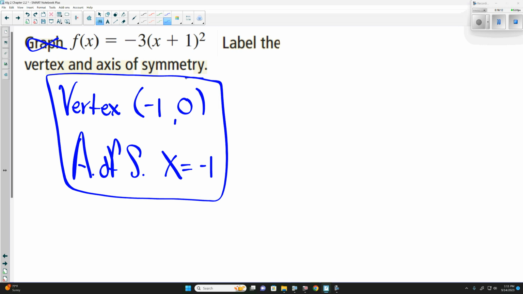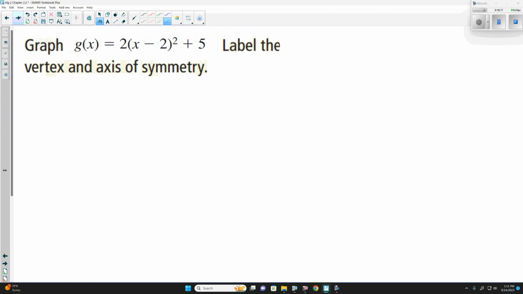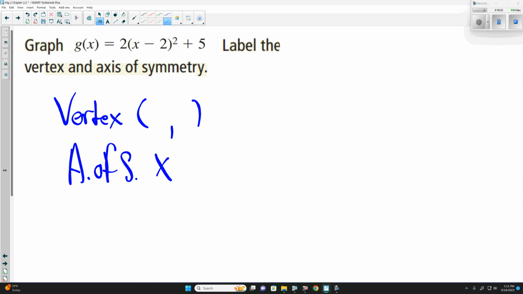Questions on any of this here so far? The graph g of x equals 2 times x minus 2 squared plus 5. First part we need is the vertex. And the other part we need is the axis of symmetry. So the vertex is our h comma k. What would our vertex be?